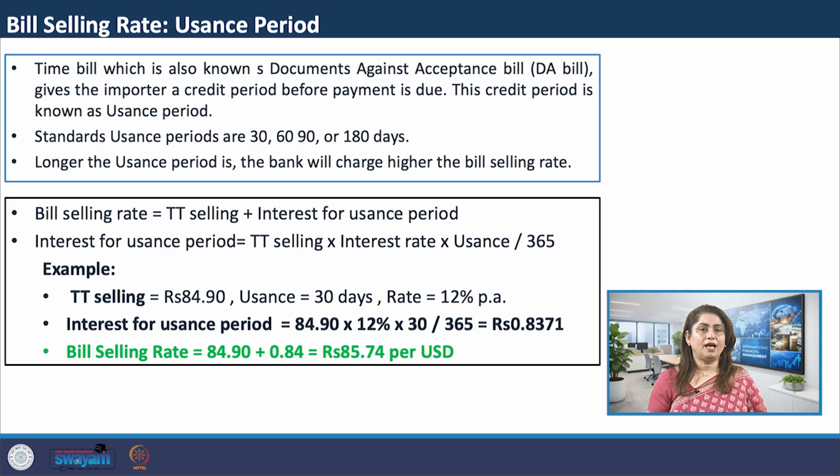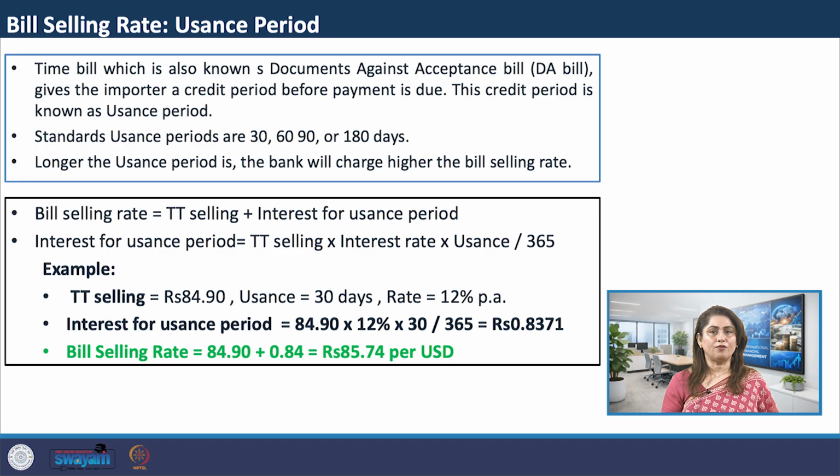Now we have to calculate bill selling rate. So what we will do? We will add 0.84 with 84.90, which gives us 85.74 rupees per USD. So the importer who buys on 30 days usance period pays 85.74 per dollar compared to 84.90 on TT selling.